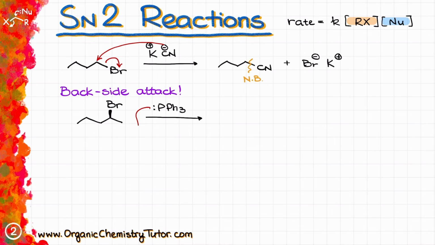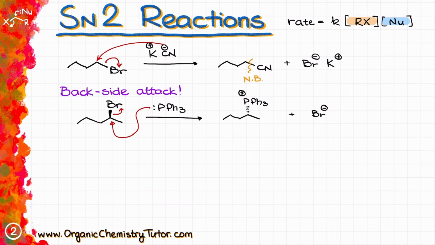So when that attack happens, my nucleophile that's going to replace my leaving group will have to be looking away from me, PPh3 over here, just like that, and my Br- as a leaving group is going to be floating around, minding its own business. This is a strict requirement for the SN2 reaction.